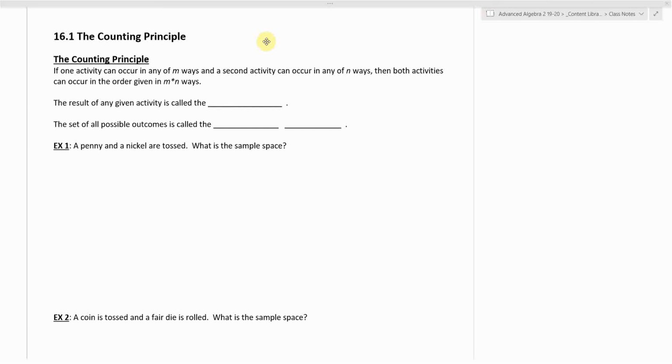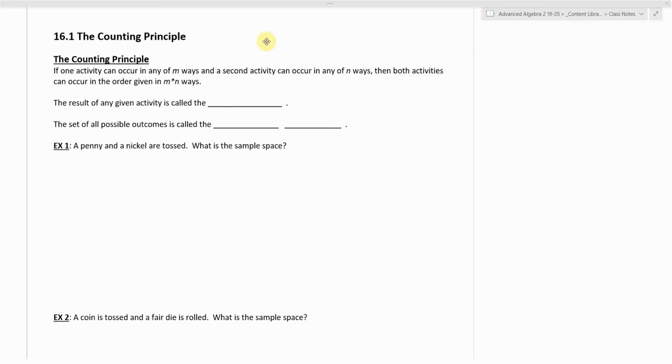Something basic like, if I have 10 different dress shirts and 15 different ties, then I have 10 times 15, 150 different ways of combining my shirt and ties. That's what the counting principle says.